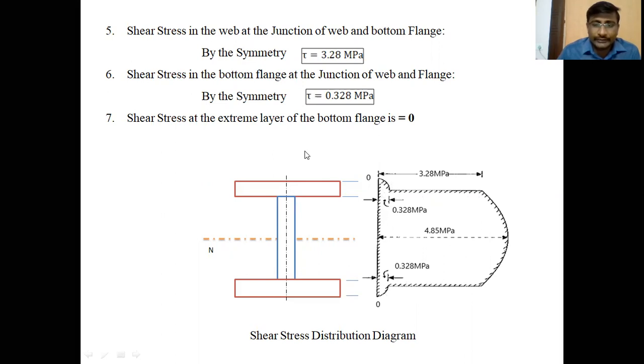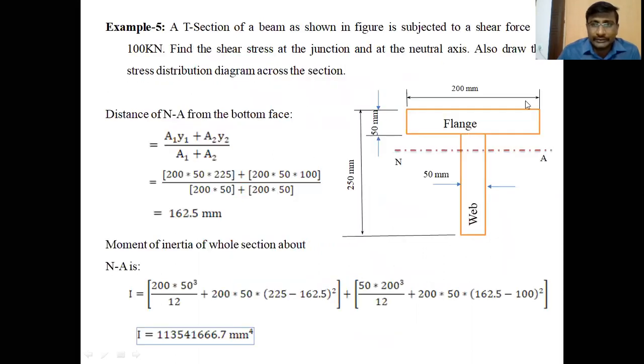Let us go for the next problem. This is the T section. As you calculated in the I section, the same applies in the T section, except that the bottom flange is absent here. It is having one upper flange and one web, but the neutral axis is not at the center for this T section.